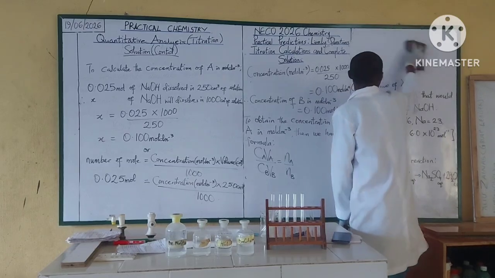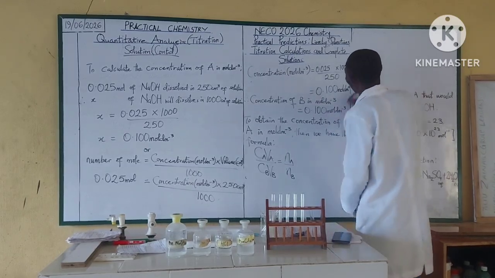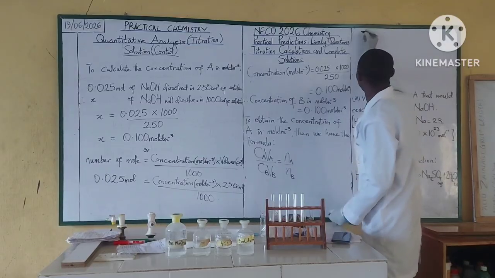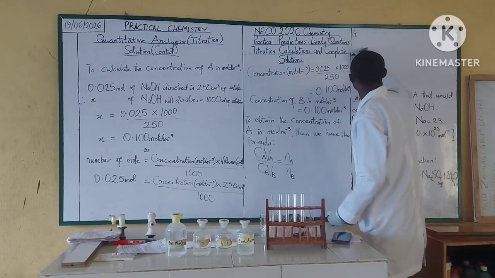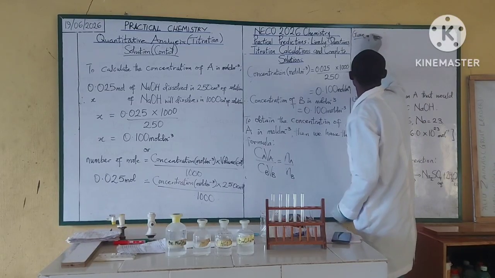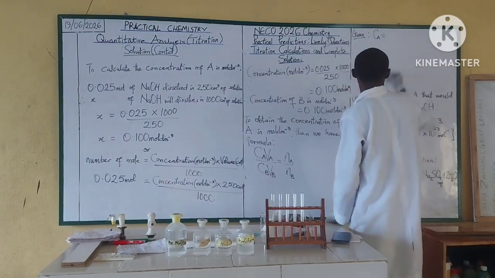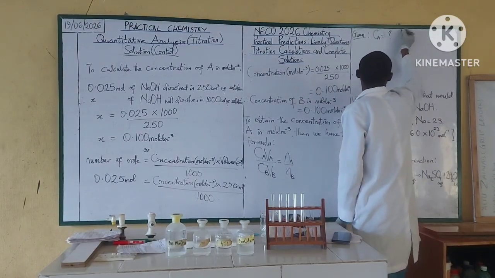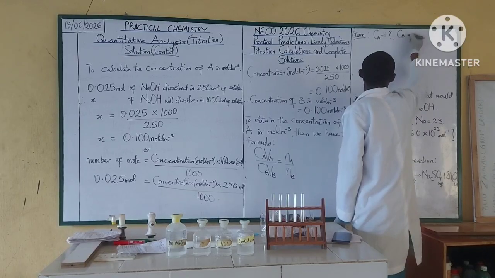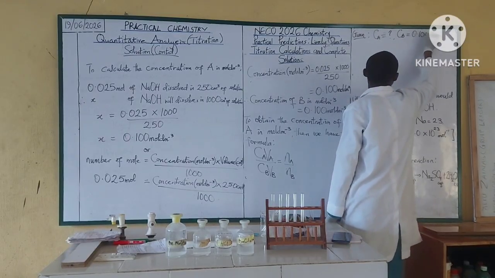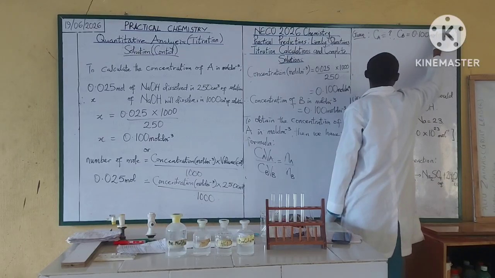We need to substitute our values. We have our CA, given, unknown. CB, 0.100 mole per dm cube.